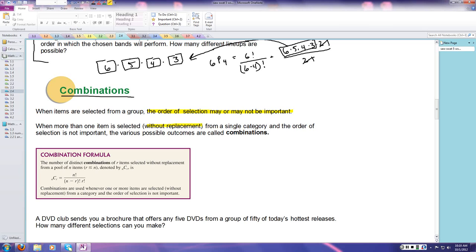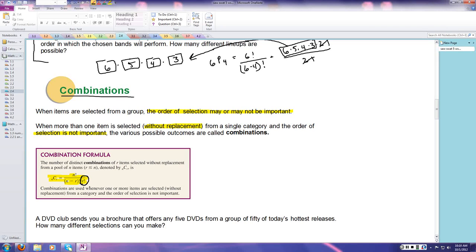So you always take it without replacement. So whatever we're doing here, we're doing without replacement, and the order of the selection is not important. That's called a combination. The formula for a combination looks like a permutation, except you have one extra term, and the R factorial term here is dividing out any of the repeats.